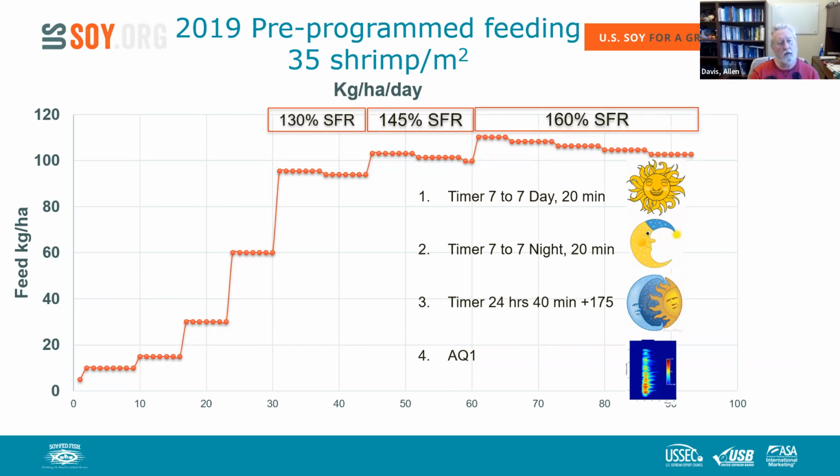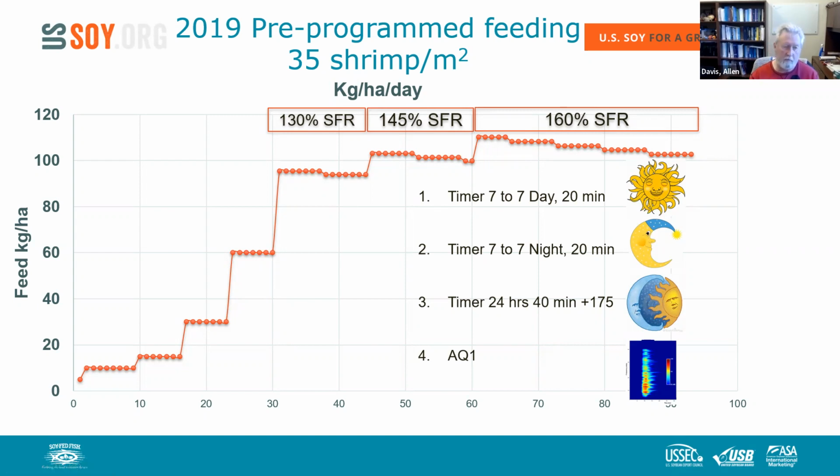So we had combined a bunch of different feed managements, essentially, that we'd done in the past. So this is a cumulative of what we had as standard feeding rations, curves, which were combined. And then at this particular point, we looked at daytime feeding, nighttime feeding, and then 24-hour feeding.